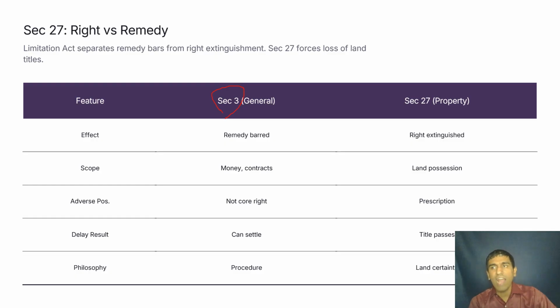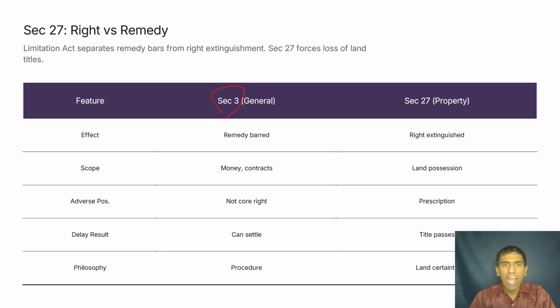So you can still have your right enforced through other means even if the legal remedy is barred. But section 27 is far more punishing, where the right itself is extinguished. The section essentially punishes you for not enforcing your right even after a reasonable amount of time has passed.